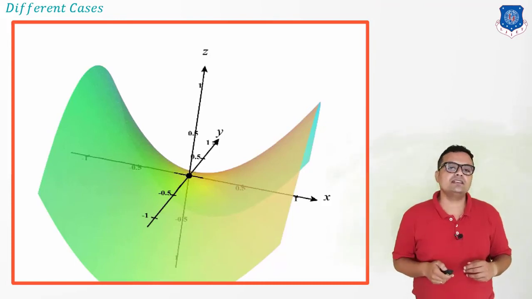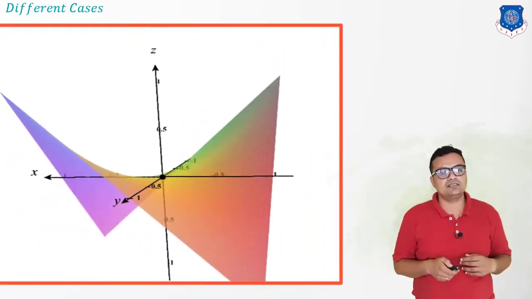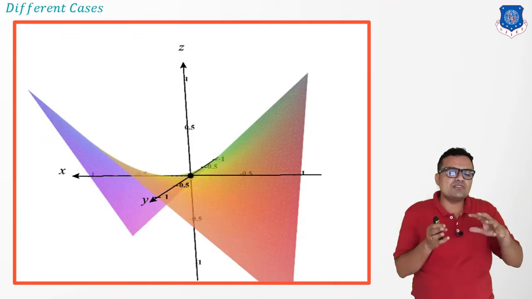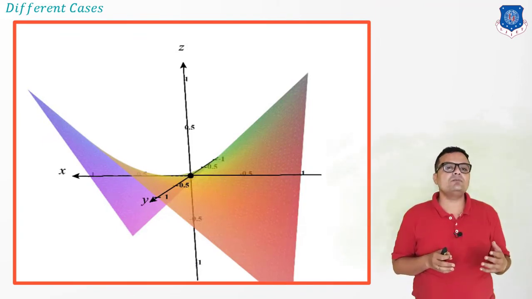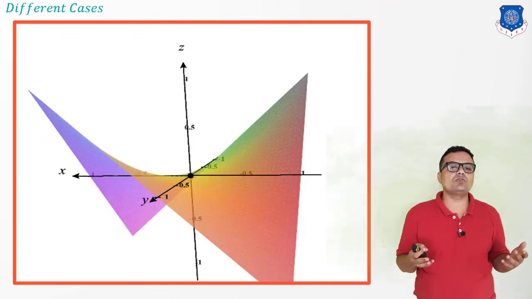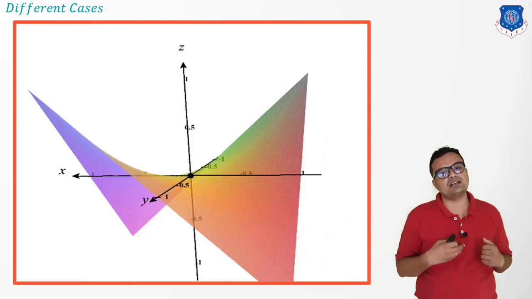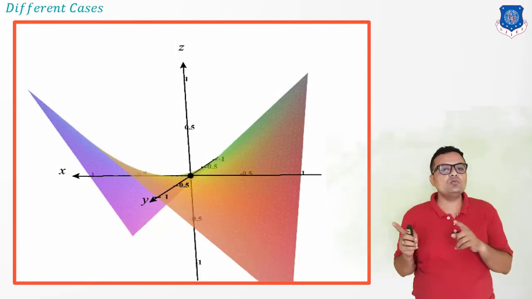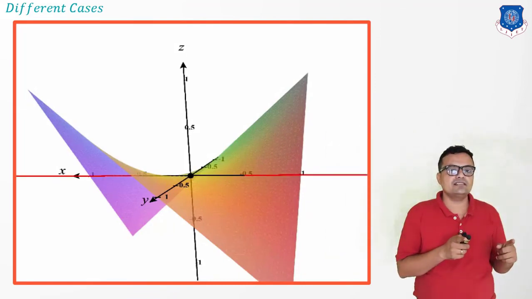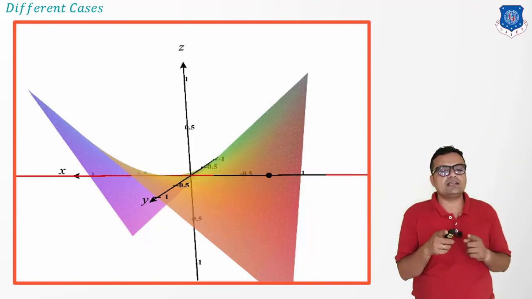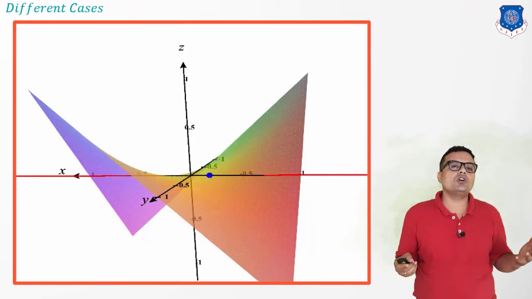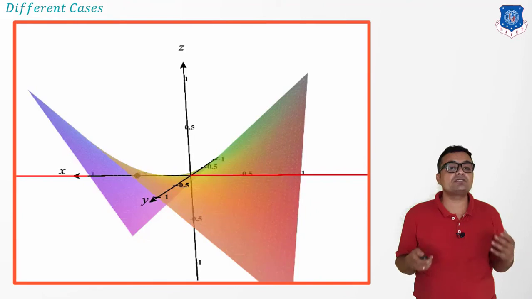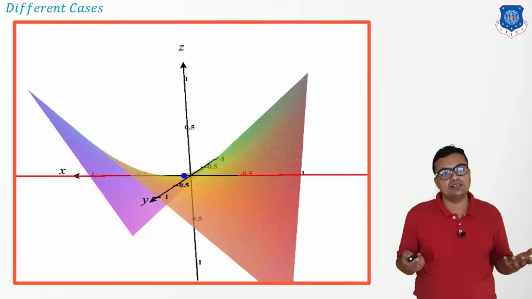Now let us consider another case. This is something different from a saddle. In a saddle, parallel to the x-axis our graph was minimum, parallel to the y-axis our graph was maximum. But in this case what is happening is, if I move parallel to the x-axis or if I move parallel to the y-axis, on the whole of these two fundamental axes my slope remains 0.